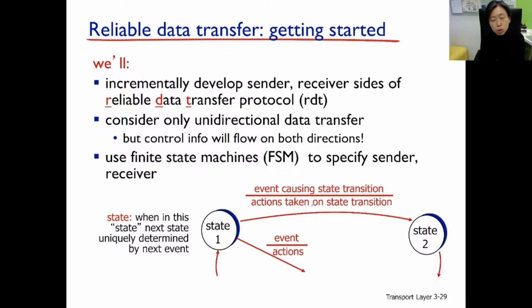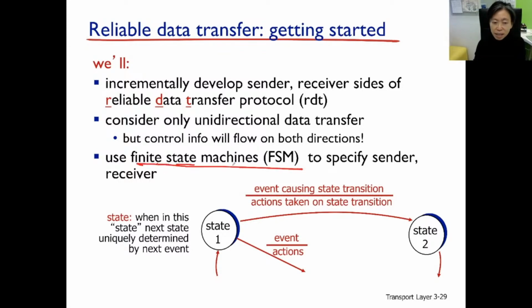That's because we assume the underlying channel goes from more reliable to less reliable, to very, very general, like the internet. All right. So that is just to prepare you for the RDTs that we need to introduce coming ahead. Now, another thing that I need to introduce is how I'm going to describe these RDT mechanisms. We're going to use this thing called finite state machines.